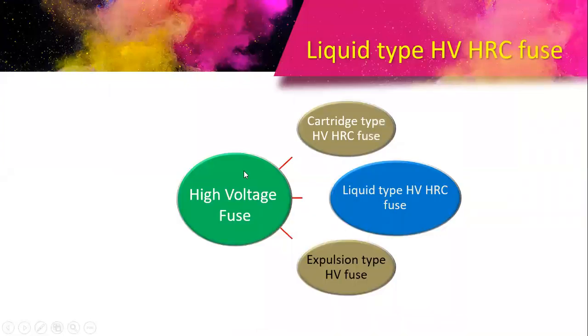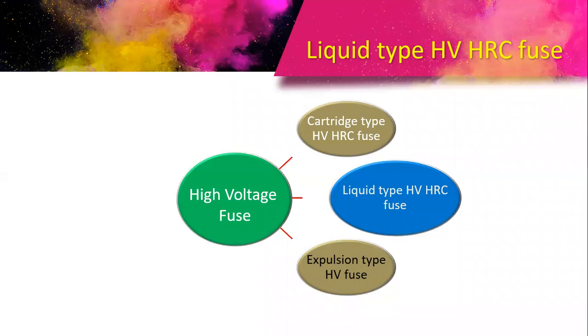Now coming to another category of fuses, the liquid type of HRC fuses. First, the carriage type fuses we have seen have fusing elements: high resistive material and low resistive material. The high resistive material is used for the short circuit current, and the low resistive material is used for the normal load current.